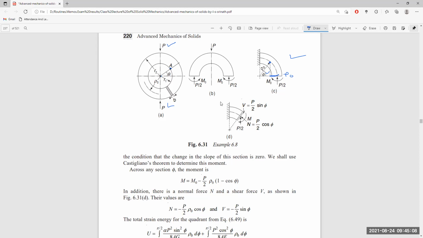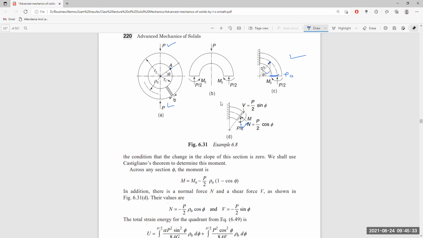Again, there is a normal force N acting over this section and a shear force V, as in figure G. So what is the normal force? It is the component of P by 2 along the section, where P by 2 is the hypotenuse and this is the base of the triangle.